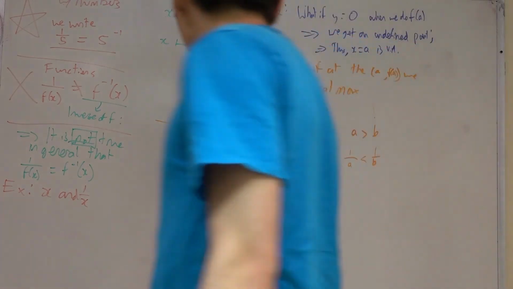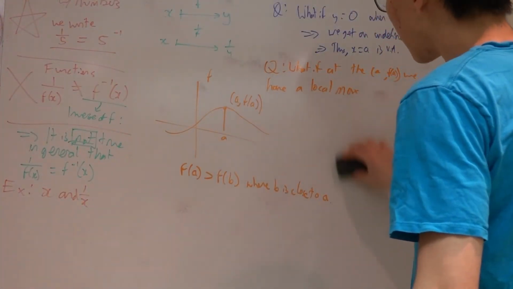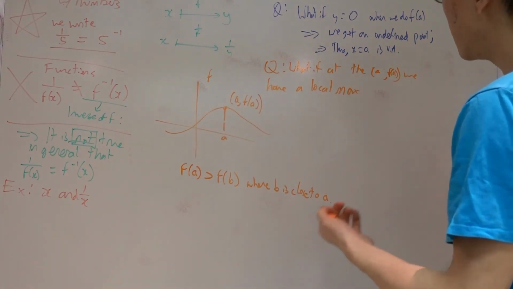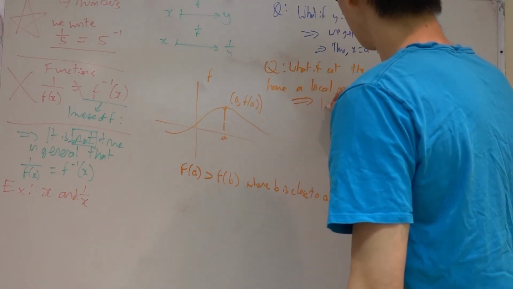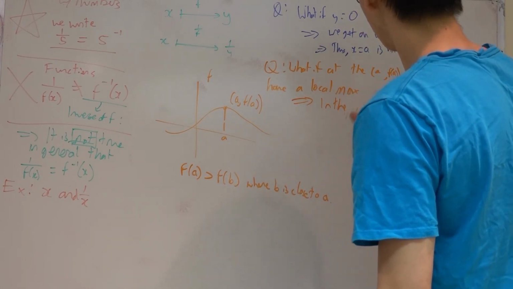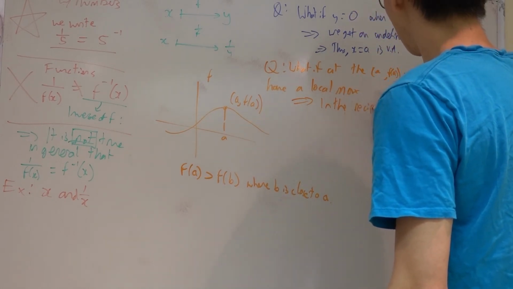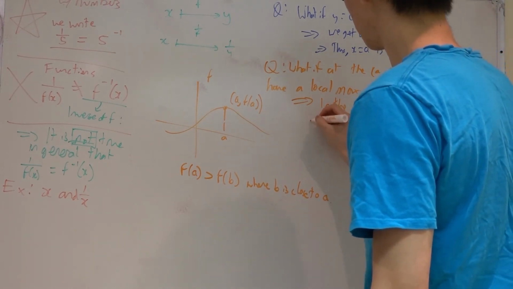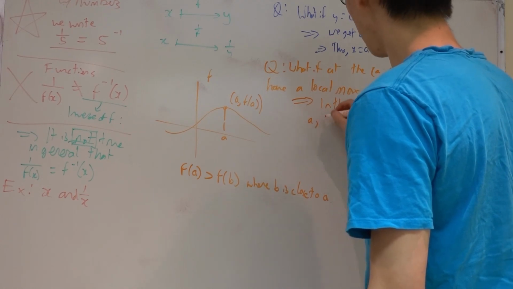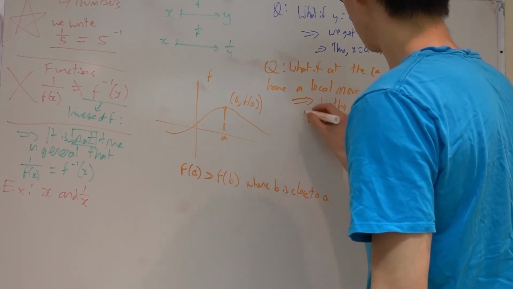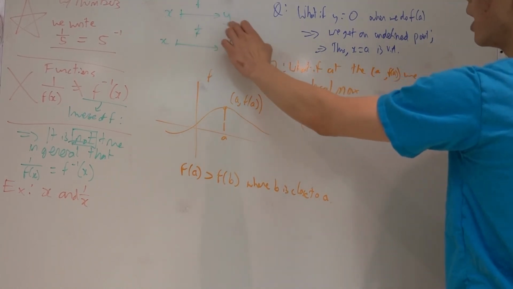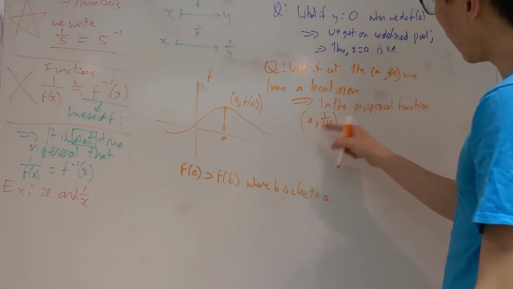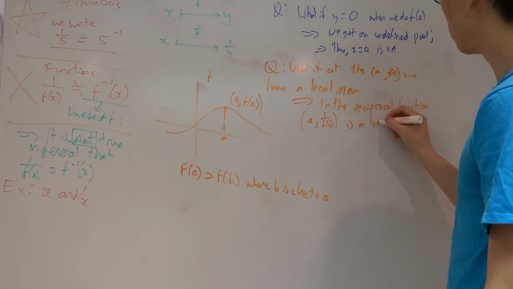So perhaps you could see, just intuitively, that when you do the reciprocal function, it would have to turn into a minimum. So in the reciprocal function, the point, now it's going to be 1 over f of a, because remember, if we send x to y, it gets sent to 1 over y. In the reciprocal function, 1 over f of a is a local minimum.